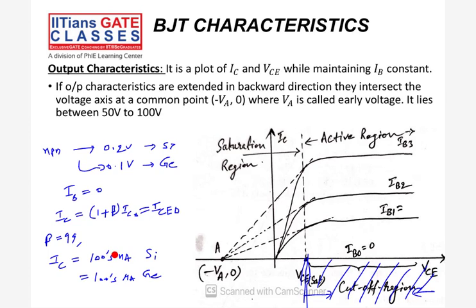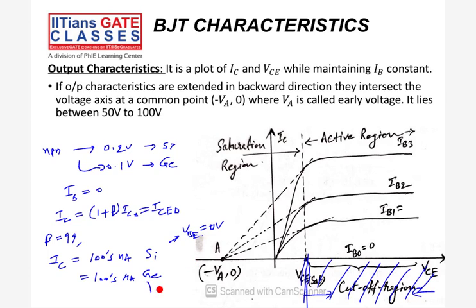So to make it completely 0, we need some voltage. For silicon, VBE at cutoff is 0 volt.